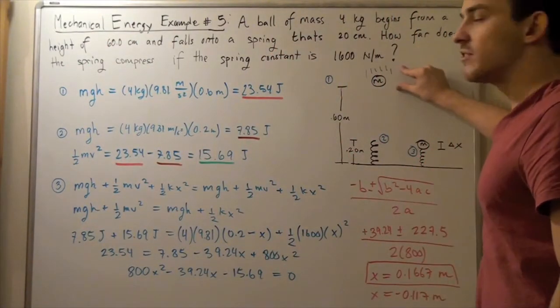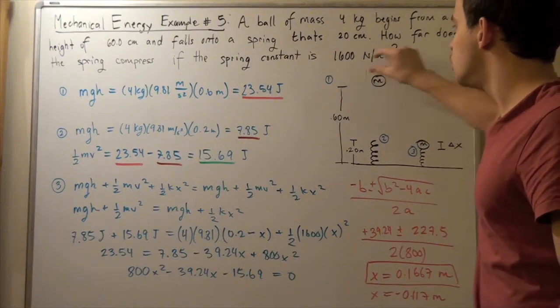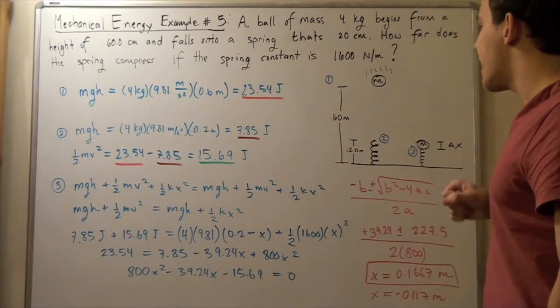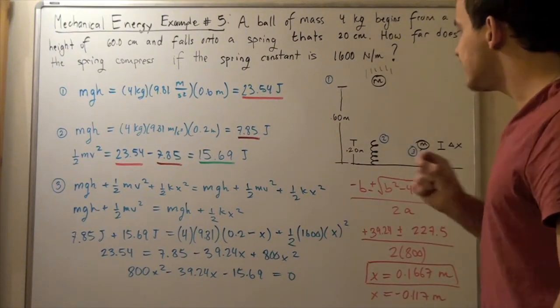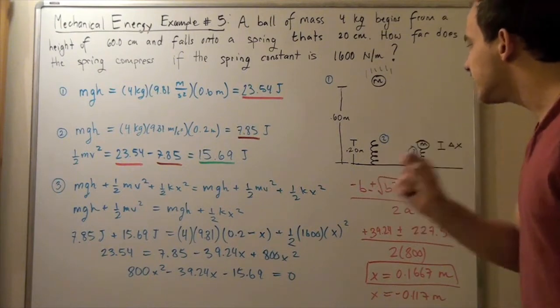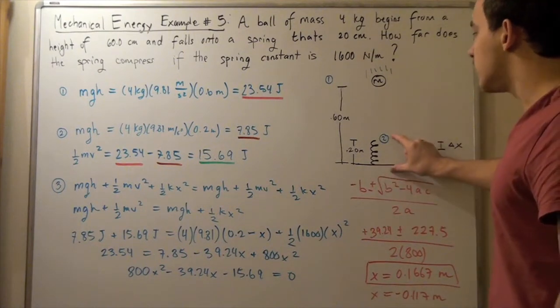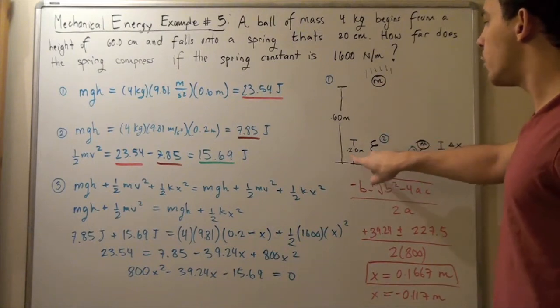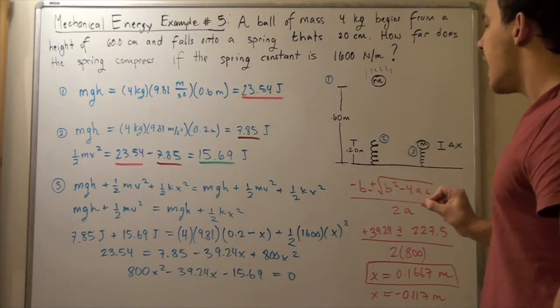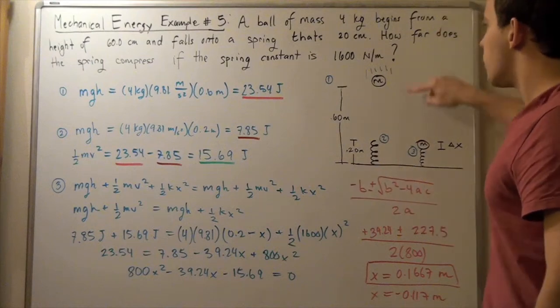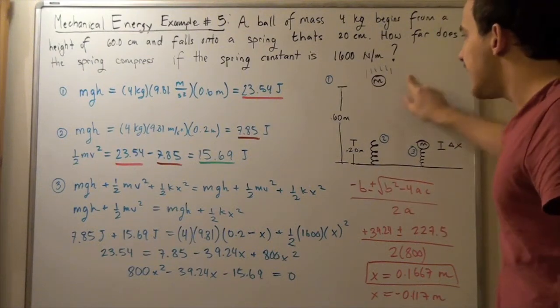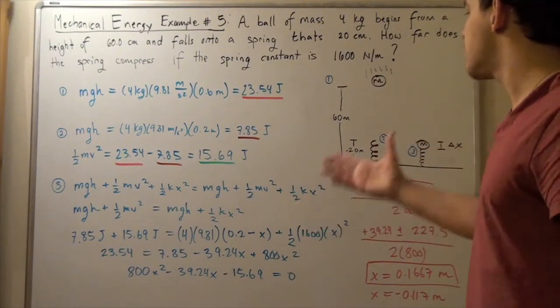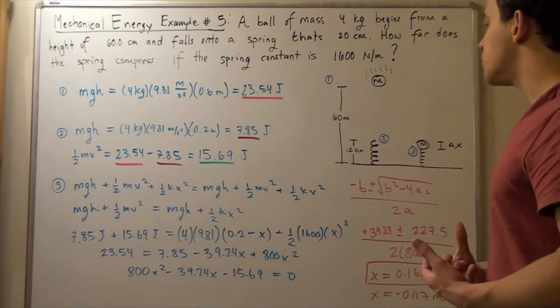So some of this gravitational energy in position 1 went into kinetic energy in position 2. So basically what we're doing is calculating the gravitational potential at position 2, at 0.2 meters above our ground, and then subtracting that from the gravitational potential in position 1, and that will give us how much kinetic energy was transferred.